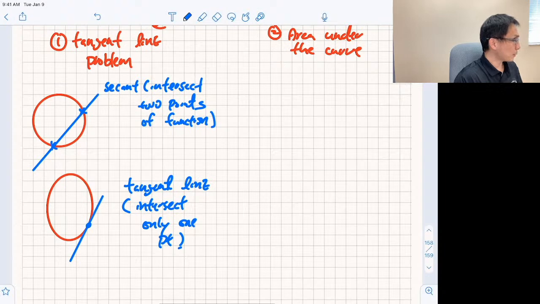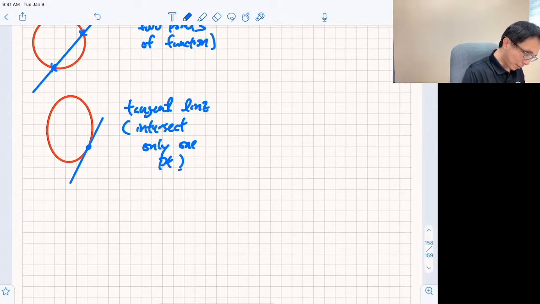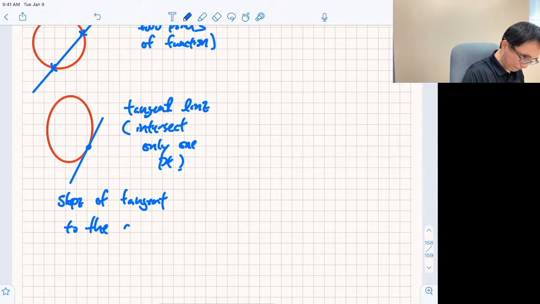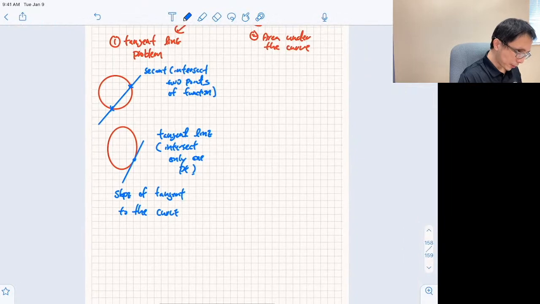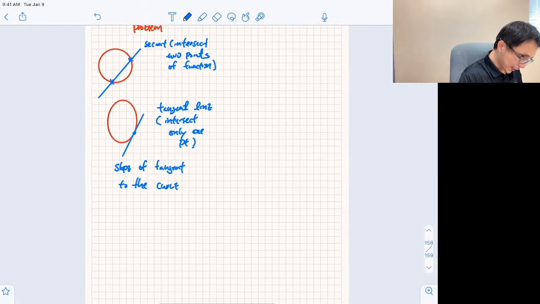Then what if I want to find out the slope at that point? So the slope of the tangent to the curve, or the function, becomes a big problem. For example, today we're going to investigate something like this.